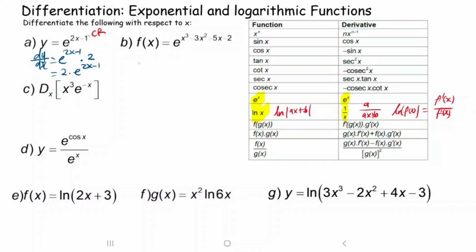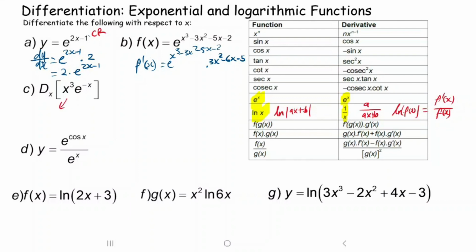Let's deal with the next one here. The derivative of that will just be e to the x cubed minus 3x squared minus 5x minus 2. And then we'll multiply that by the derivative of the inner function, which in this case will be 3x squared minus 6x minus 5. And that is the derivative.